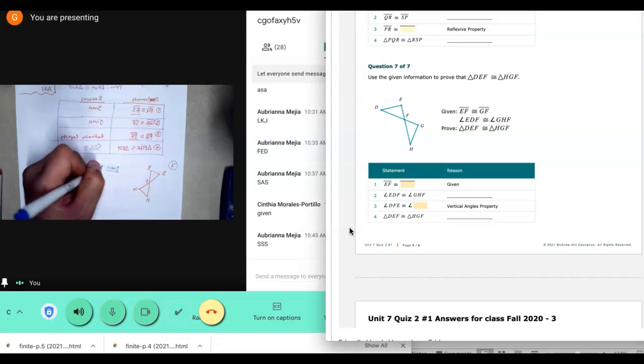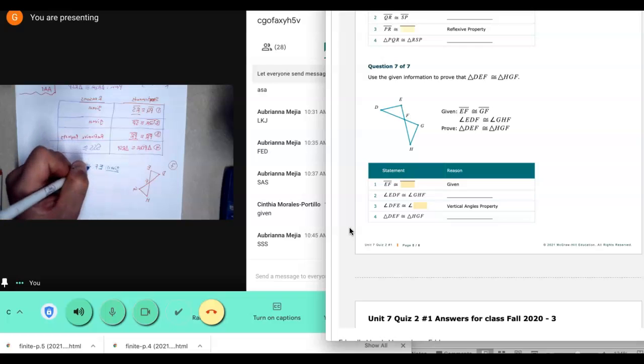Given that EF is congruent to GF, I know these proofs are a little bit labor intensive, so try your best to get it done. Hang in there with me. Also given that angle EDF is congruent to angle GHF.